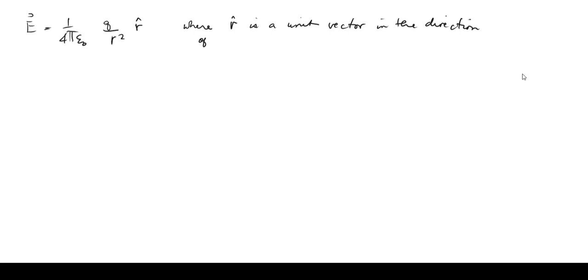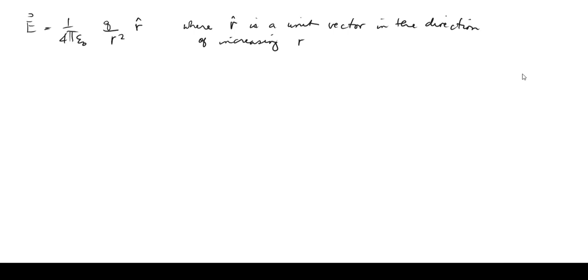As a review, we know that electric field intensity due to a point charge is given by this equation: E is equal to 1 over 4 pi epsilon naught, q over r squared, times the unit vector r hat, where r hat is a unit vector in the direction of increasing r.